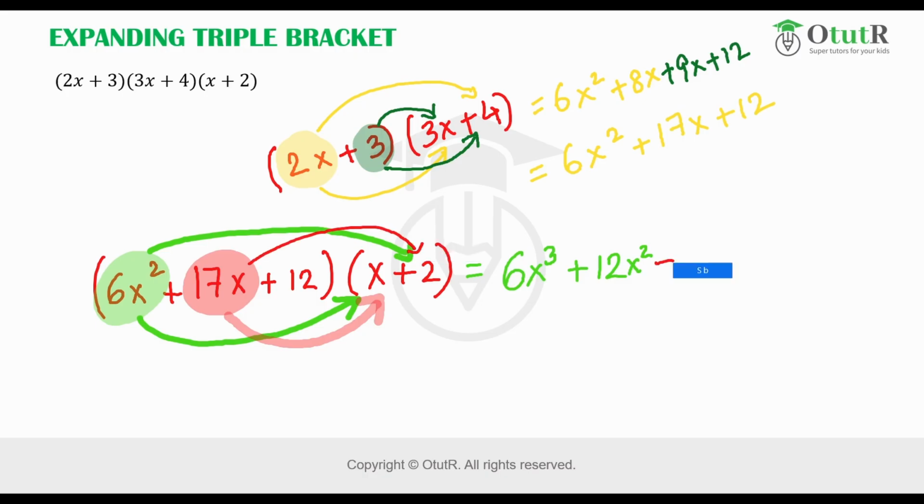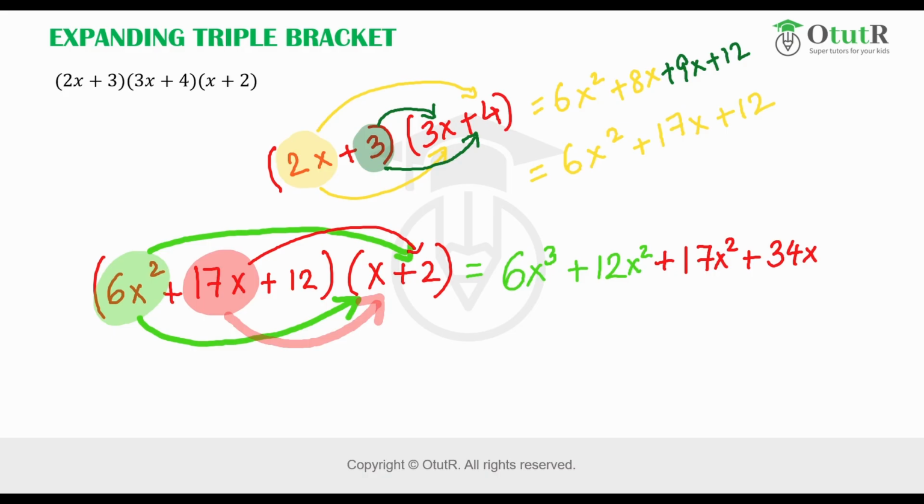We are going to get as a result 17x squared plus 34x. Now we are only left with 12.